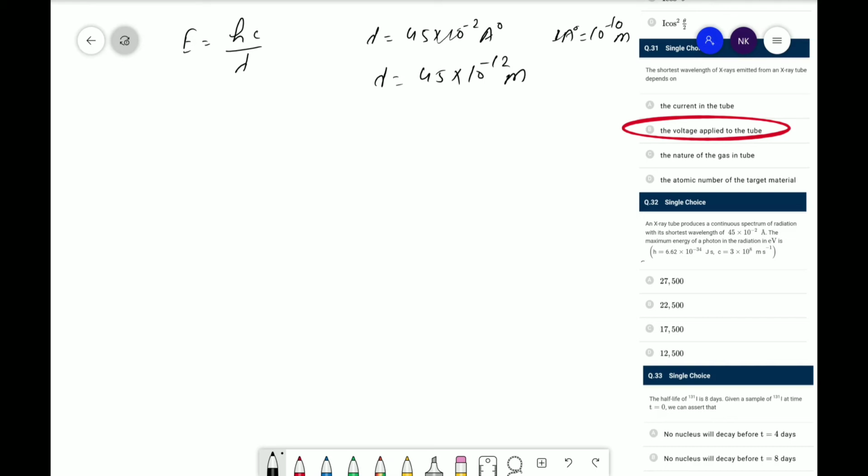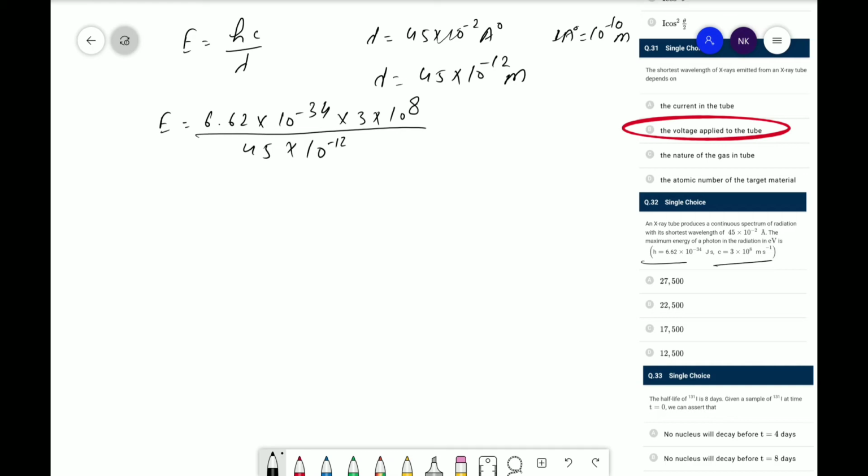The value of Planck's constant as well as the speed of light is given. Therefore, E is equal to 6.62 into 10 the power minus 34 into 3 into 10 the power 8 meter per second divided by 45 into 10 the power minus 12 meter.